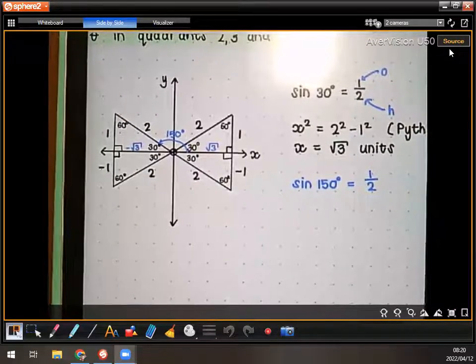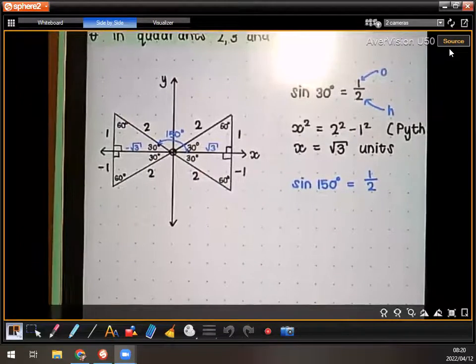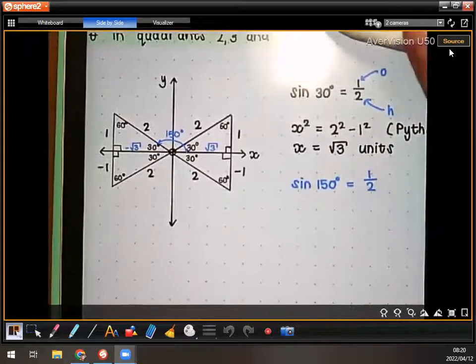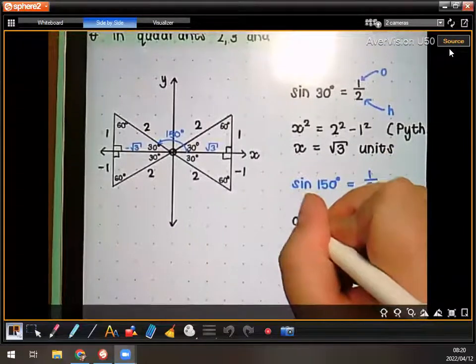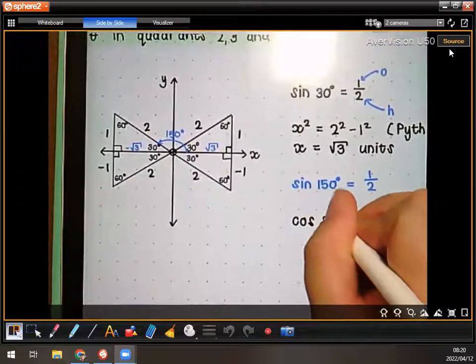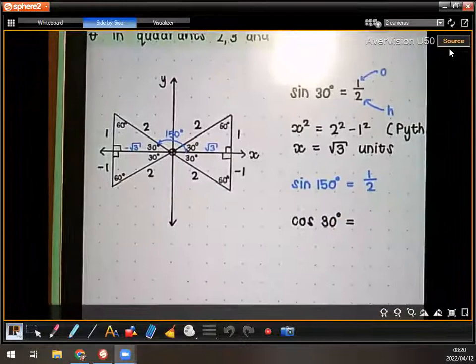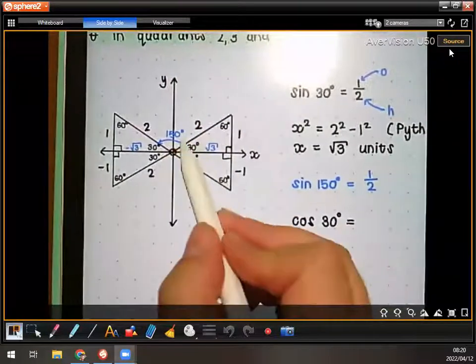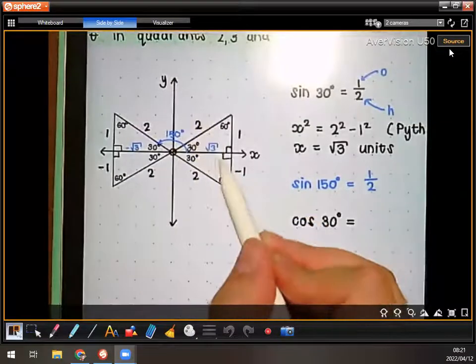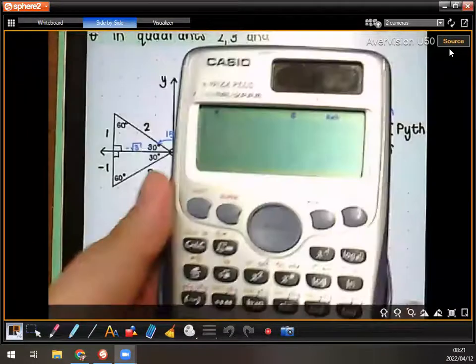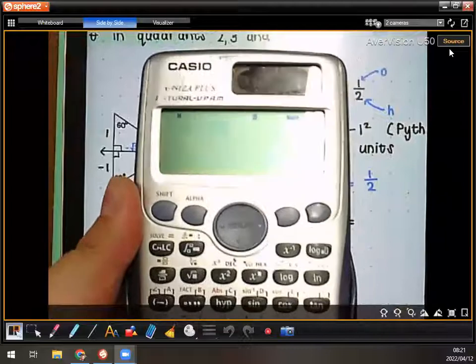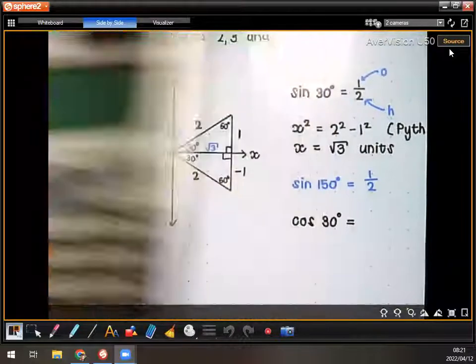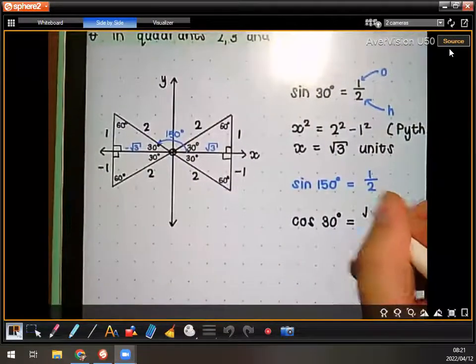Let's quickly calculate cos of 30 and then cos of 150 and see what happens. So cos of 30 I'm going to do in black. We can just use the calculator or we can use the triangle if we want to. Cos of 30 is root 3/2.